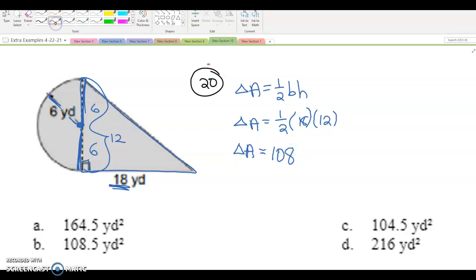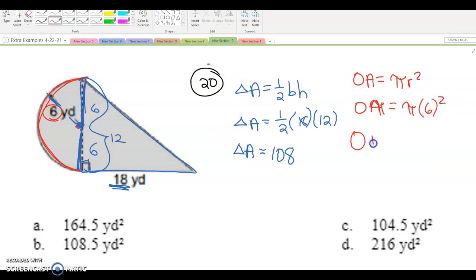Now we have to do our circle. So it's a half circle again, but we have to find the area for the whole circle first. So whole circle area is pi r squared. And the cool thing is we already know the radius right there is going to be 6 because it goes from the center out. So A equals pi times r, which is 6 squared.